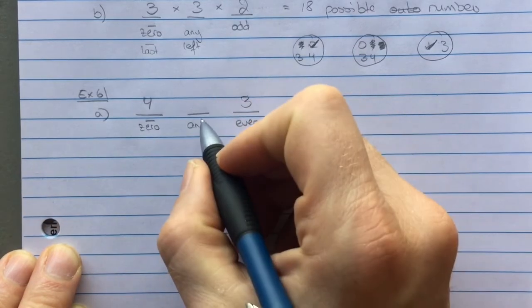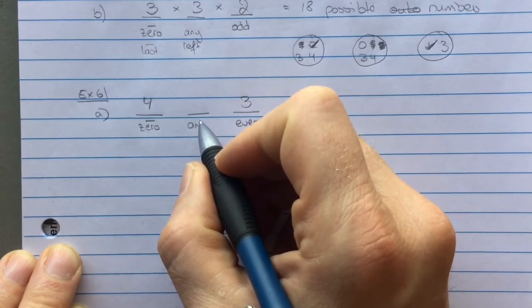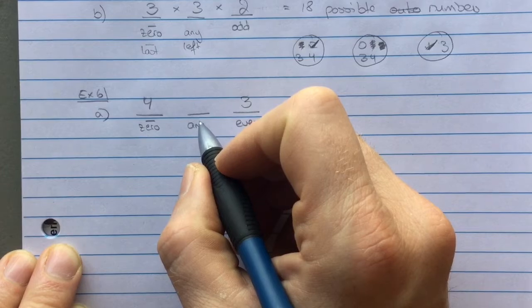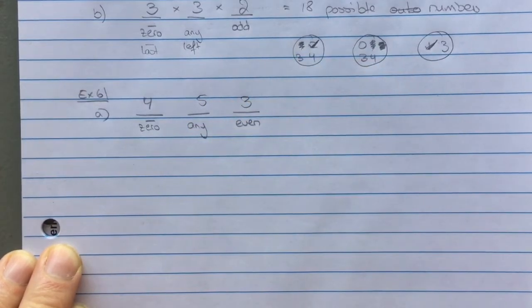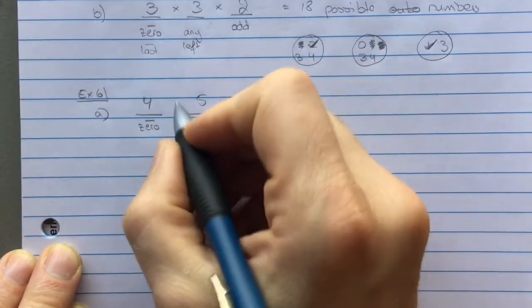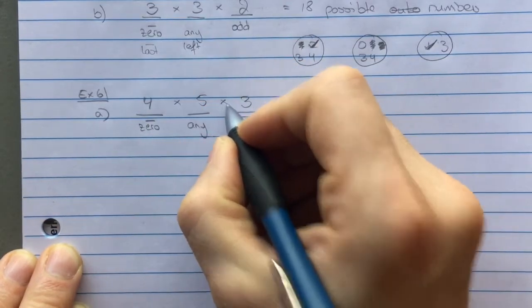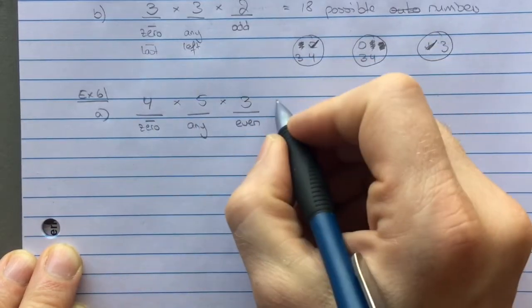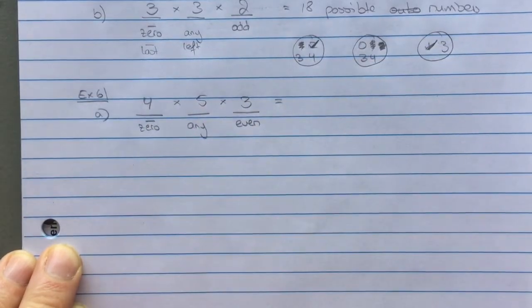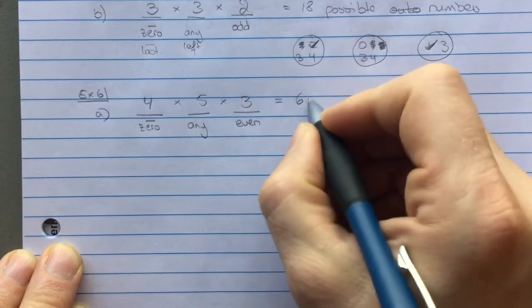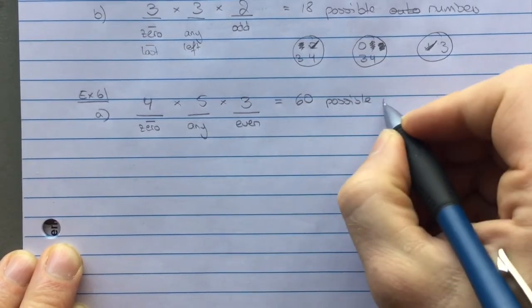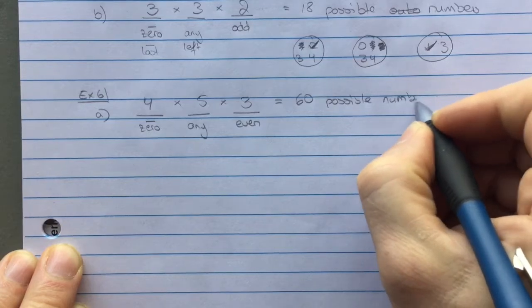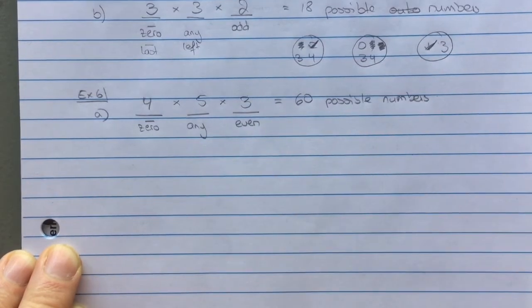And for the middle digit, you can choose any of those because repetitions are allowed, and so therefore there are 5 options left for the middle digit. Okay, so to find our total possible outcomes, I would multiply those 3 together. 4 times 5 gives you 20, times 3 gives you 60 possible 3-digit numbers that are even.